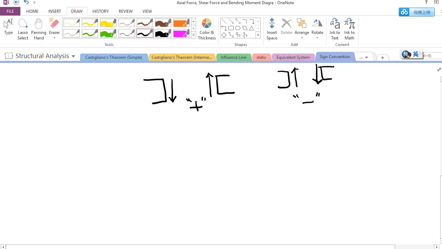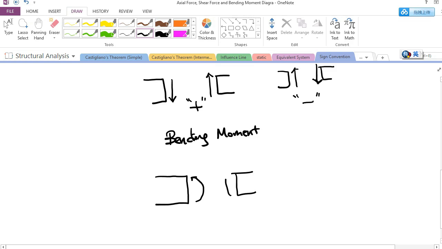Alright, the next one is called bending moment. Bending moment is a pair of couples. They are either like this, or like this.